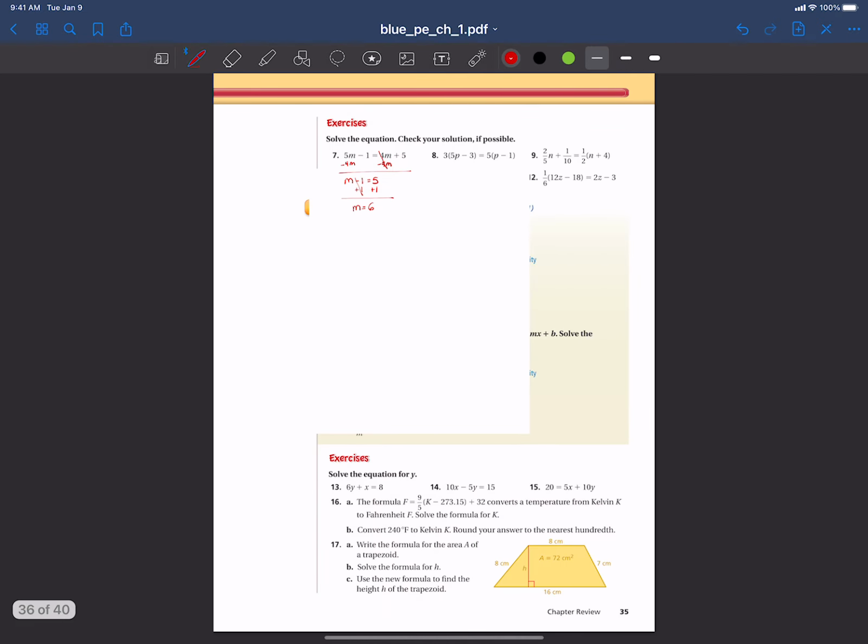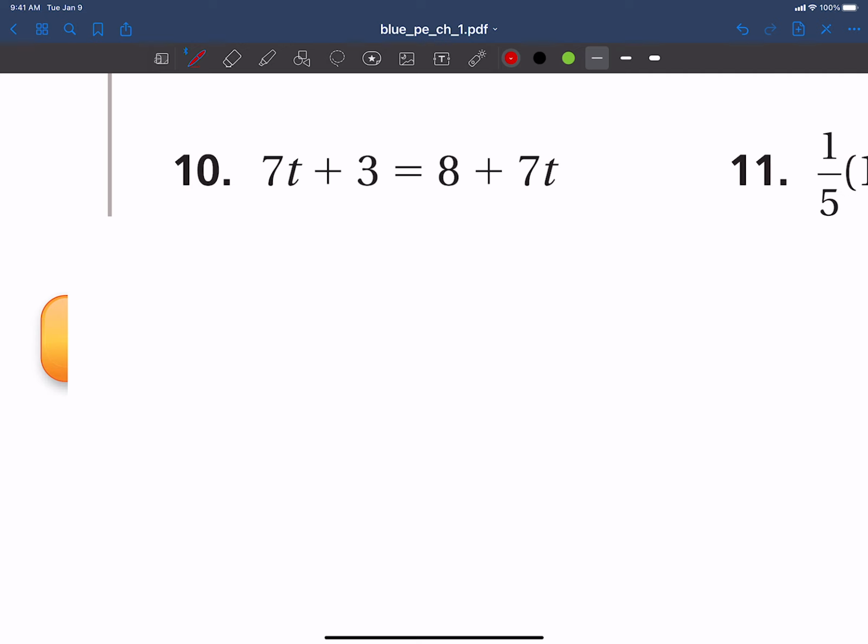Let me move my box for a second. Right here, number 10. My job is to get my variables on one side. It doesn't matter which one I get rid of, correct? What happens?